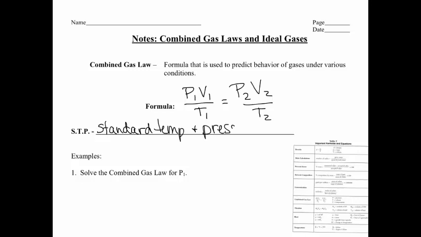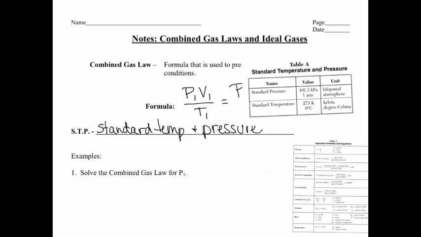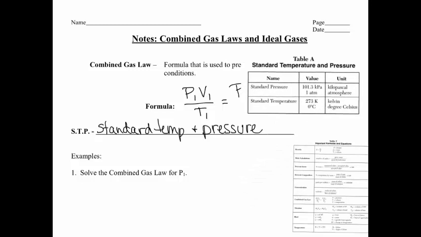Standard temperature and pressure is actually given on the front of your reference tables in Table A. So those values are right here. Depending on the units you'll be using, you'll either use the standard pressure as 101 kilopascals or 1 atmosphere. And to determine which you're going to use, you're going to look at the numbers you're given. Completely different with temperature.